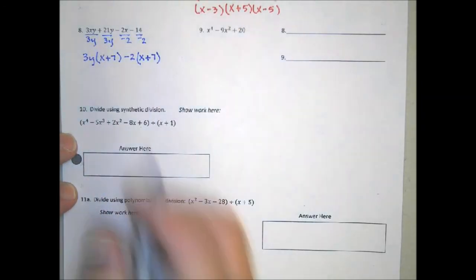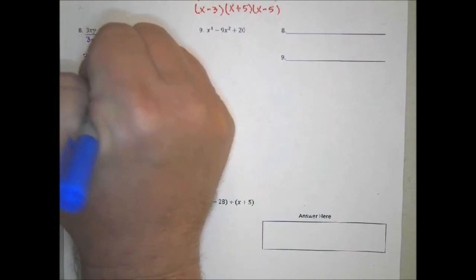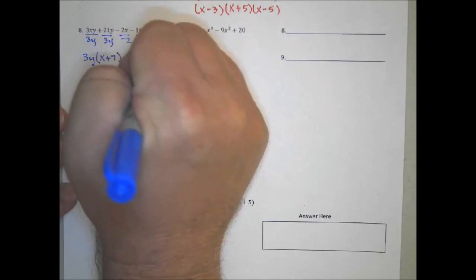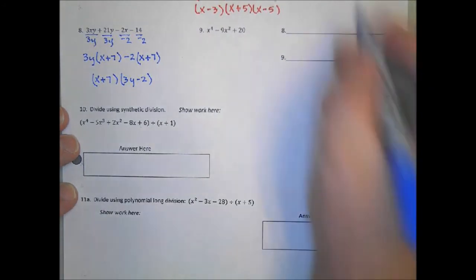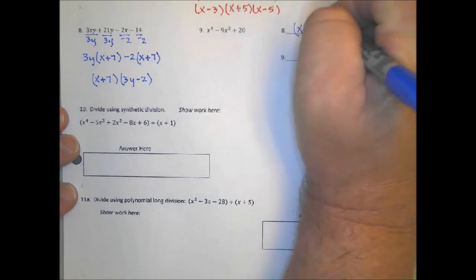Okay. Now I have an x plus 7 that's common, so that's the common factor. And a 3y minus 2, that's the uncommon factor. So x plus 7 and 3y minus 2.